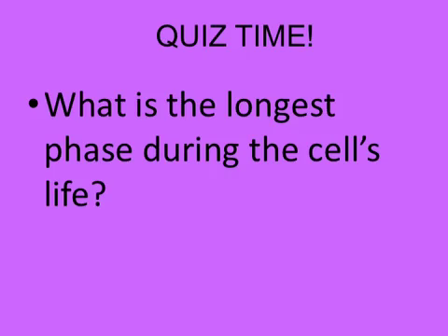All right, quiz time. What did I tell you is the longest phase during the cell's entire life? So you had that circle, and remember it was divided up, right? Like this. And this is your M phase, your mitosis.